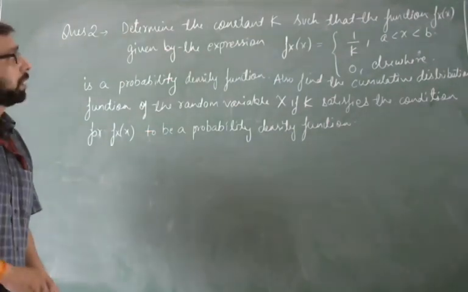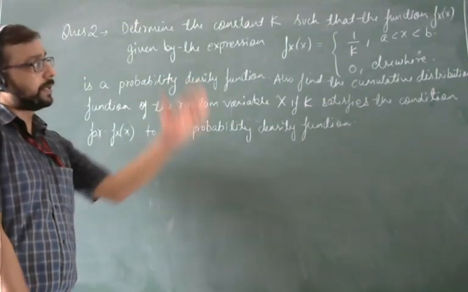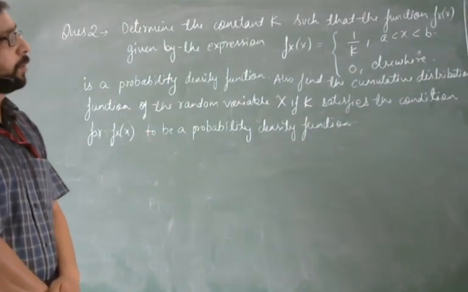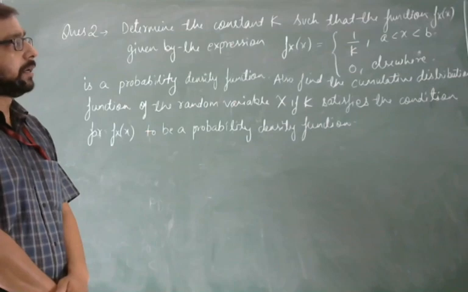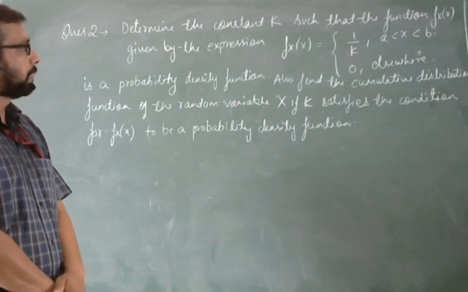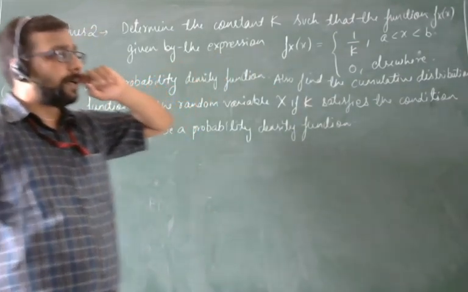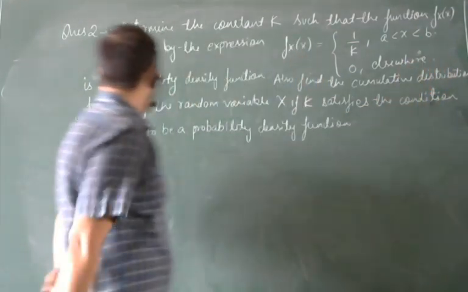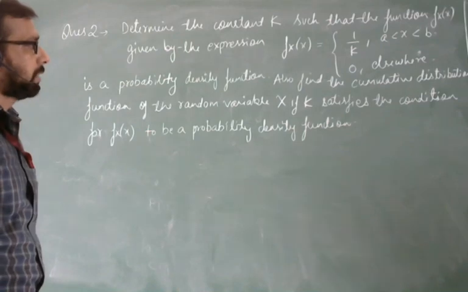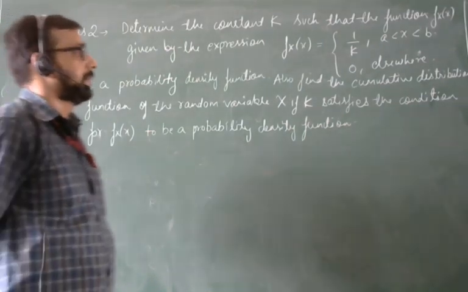This is your numerical. Determine the constant k such that the function f(x) already written on the board, that is 1 upon k when x is greater than a and less than b, and 0 elsewhere, is a probability density function. Means this f(x) is a probability density function. And also find the cumulative distribution function of the random variable x if k satisfies the condition for f(x) to be the probability density function.